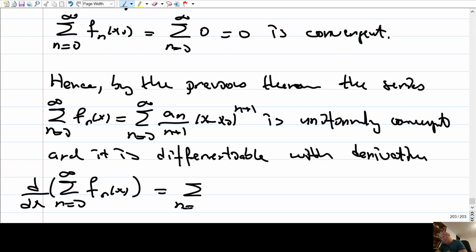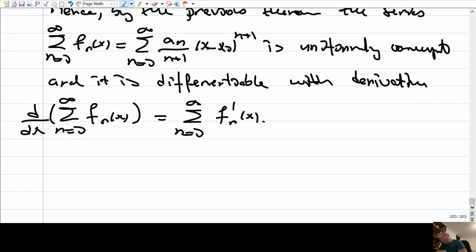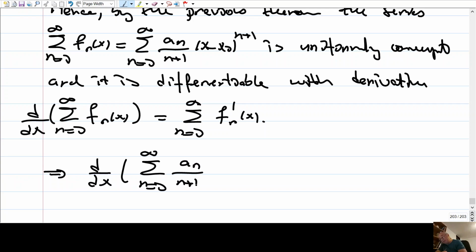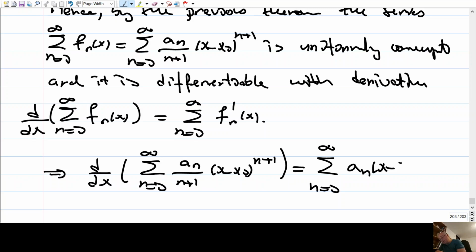So it is this. Okay. And this means what? The derivative of this expression, a_n over n plus 1 (x minus x0) to the power n plus 1, is equal to this gadget. What is this? This is just a_n (x minus x0)^n.